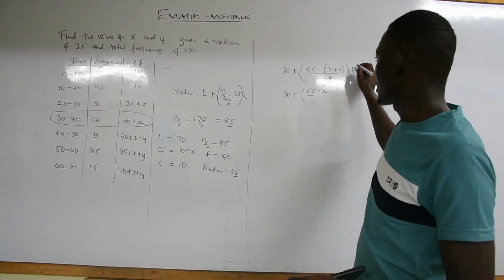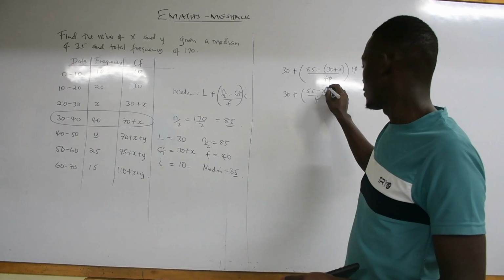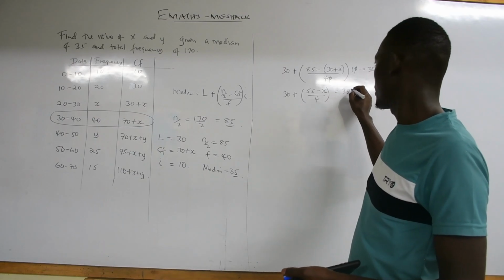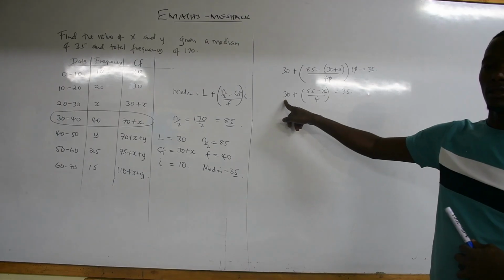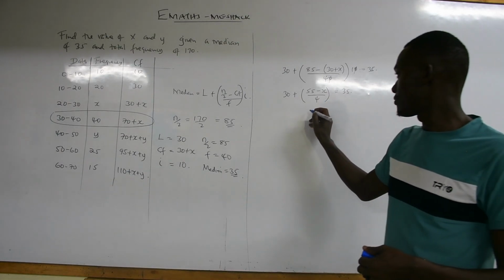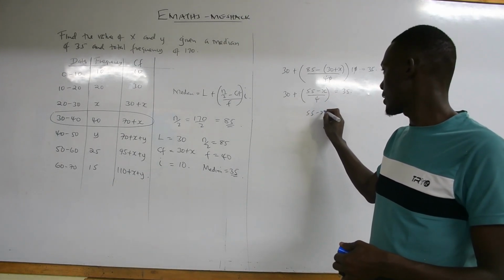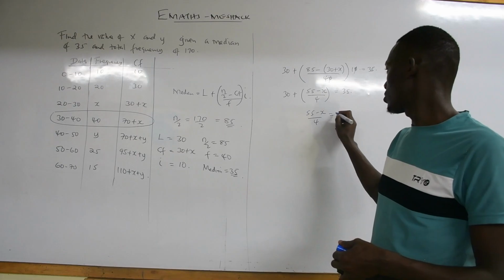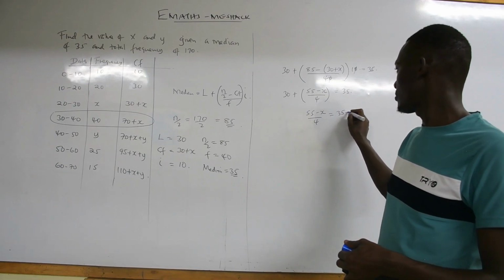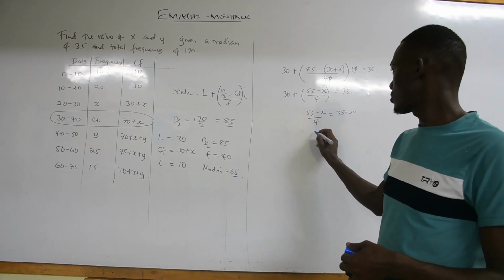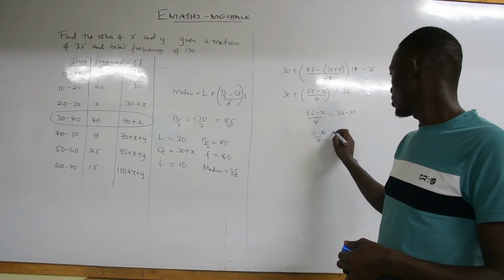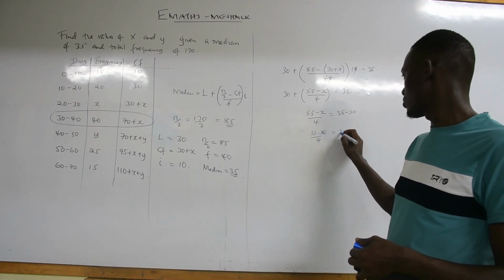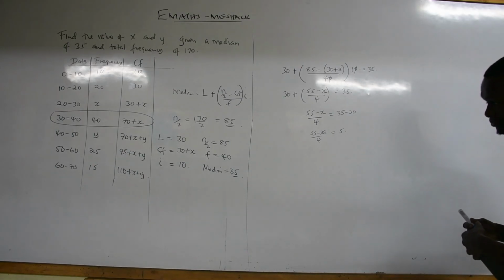Then you can cancel the 10 and the 40, so you just have 4, which should give you 35. From there, take the constant to the other side, so you have 55 minus x over 4 equals 35 minus 30, which gives you 5.